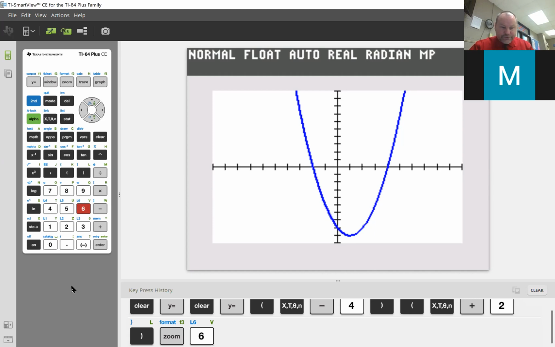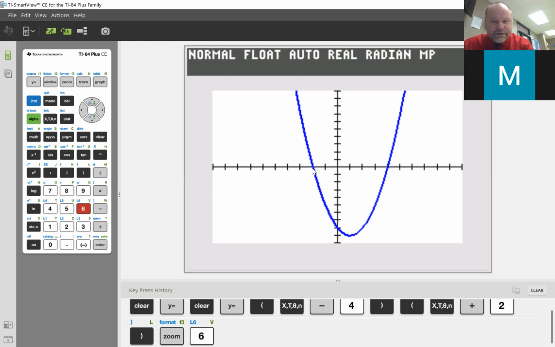All right, so there is the graph. And I think we can see it looks like the x-intercept there is at -2 and the other x-intercept is at 4.